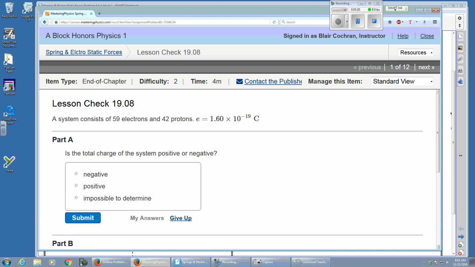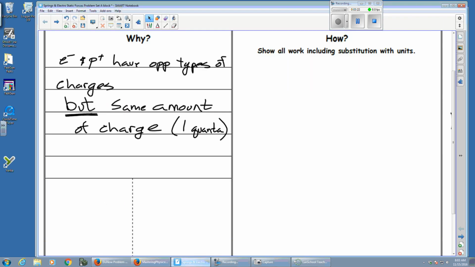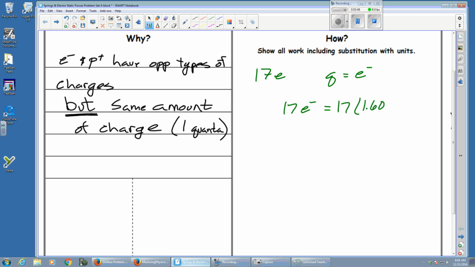So to do that, I have 17 electrons. Each electron has a charge of negative e. So 17 times the charge on each one would be the total charge. That'd be 17 times 1.60 times 10 to the minus 19th coulombs.